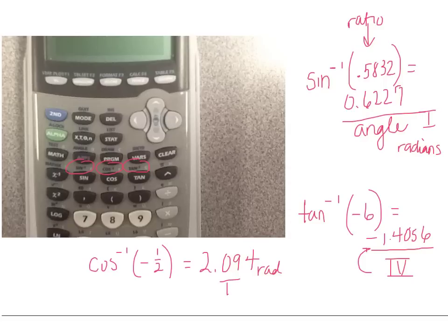Well, that's in the second quadrant. Now, it should also be equal to 2 pi over 3. And so if you do 2 times pi divided by 3, you get 2.094. So these are the same things. 2 pi over 3 and 2.094 are both in radians, and they are in the second quadrant.